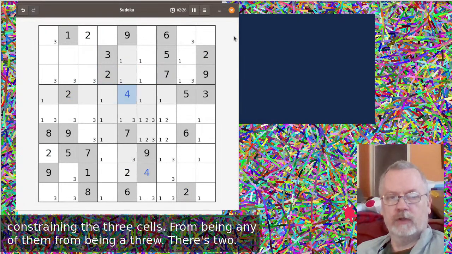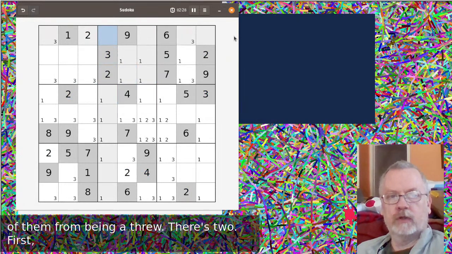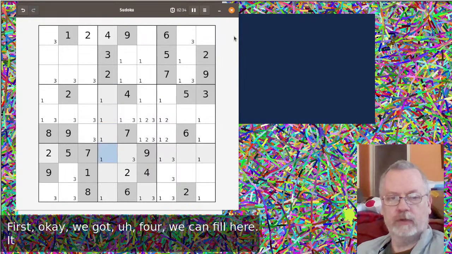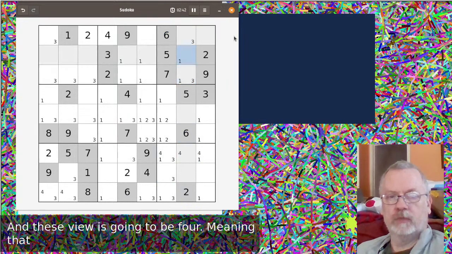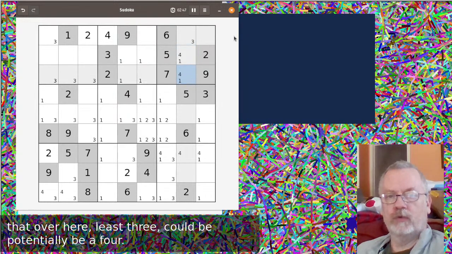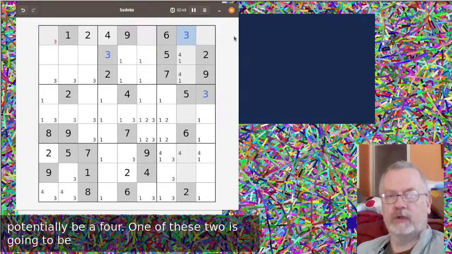Okay, for 4s, we've got 4 we can fill here. Nope, that's not enough there, right? And one of these 2 is going to be 4, meaning that over here, one of these 3 could potentially be a 4. Therefore this one is not a 3, this one is.